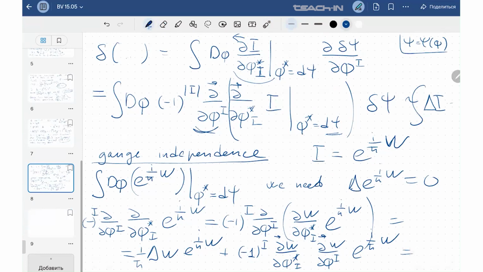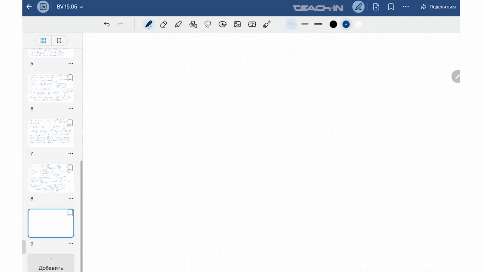And here I also get h bar squared. Okay, so all in all, this gives me the following condition. This gives me, and it's called the quantum BV master equation.